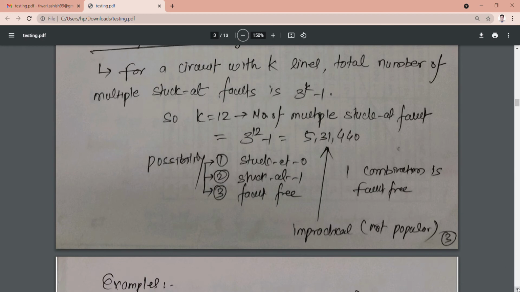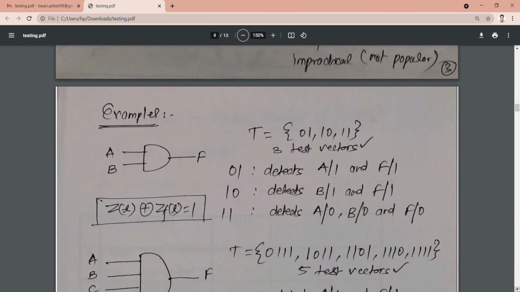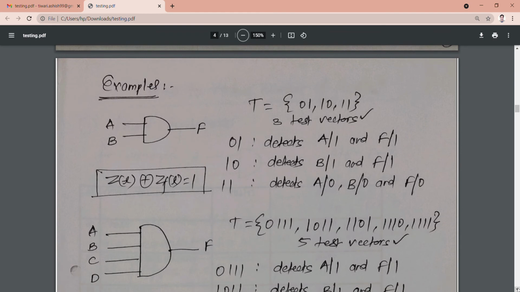Okay, so let us also understand some examples, so that I can tell you how to decide the test vectors, and how test vectors actually help you test that particular gate, or the block that you are going to apply the test model at.